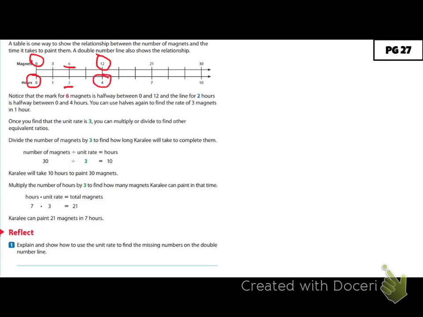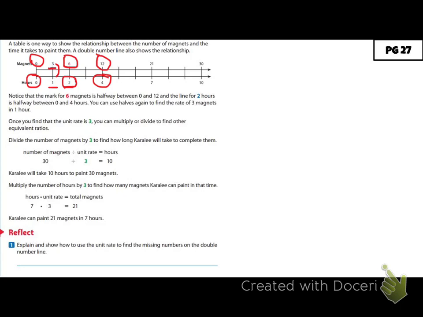You can use halves again to find the rate of 3 magnets in 1 hour. So what they're saying is you can find half of 6 is 3 and half of 2 is 1. Once you find that the unit rate is 3, because we are comparing 3 to 1, so 3 is your unit rate, you can multiply or divide to find other equivalent ratios.